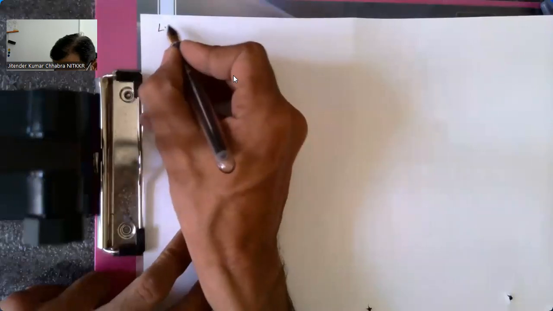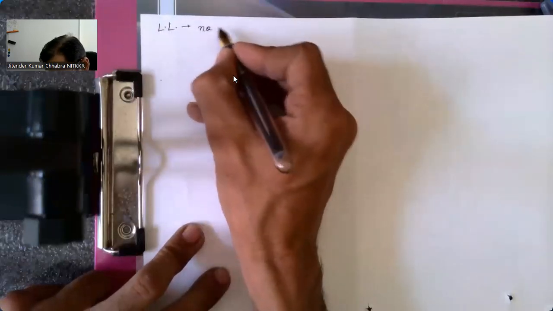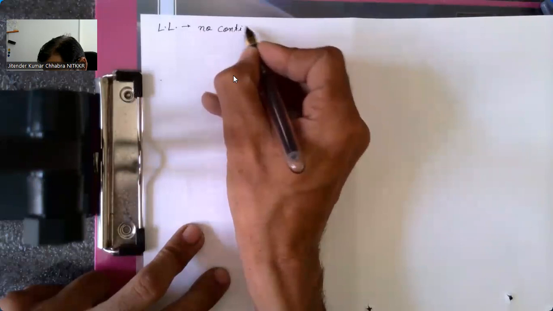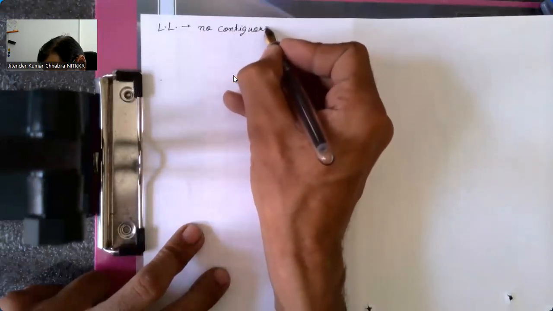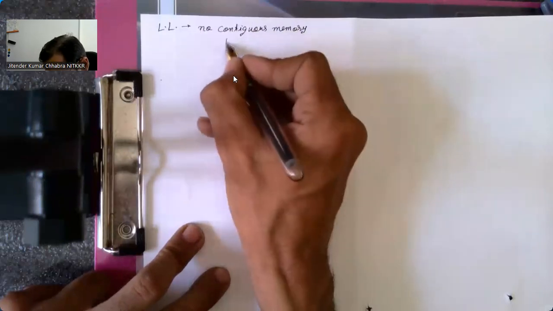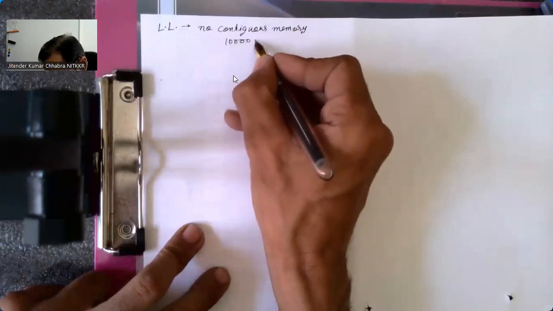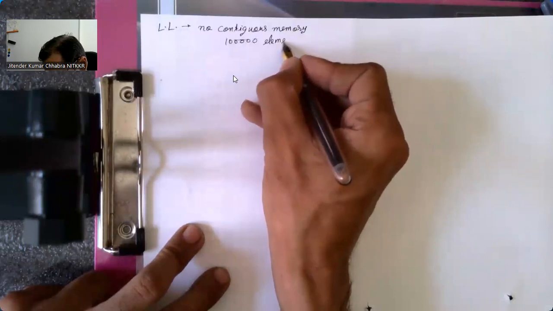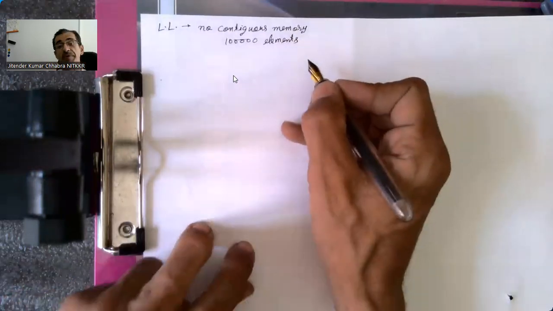In case of linked list, no contiguous memory needed. One element only. So if I want a list of, let's say, 10,000 elements or 1 lakh elements, I don't need 1 lakh contiguous memory.